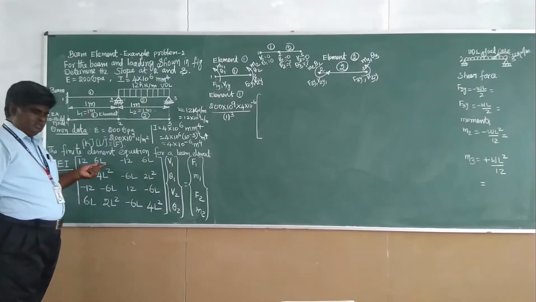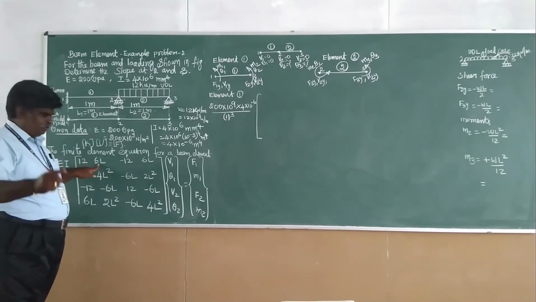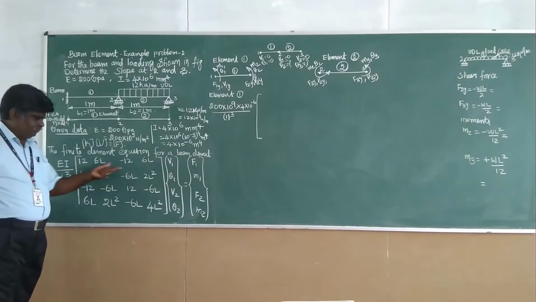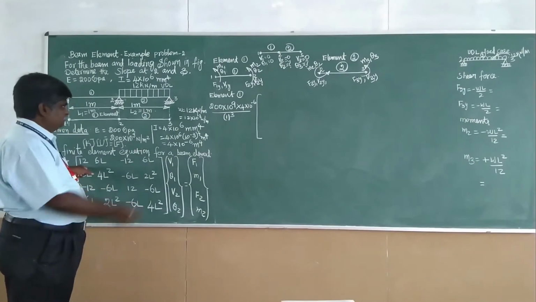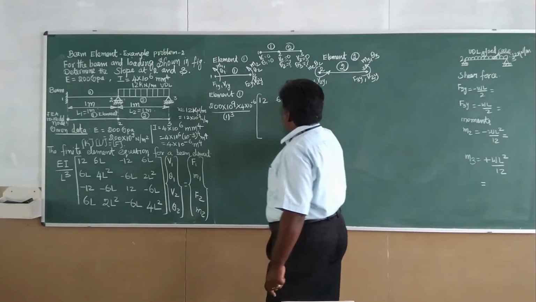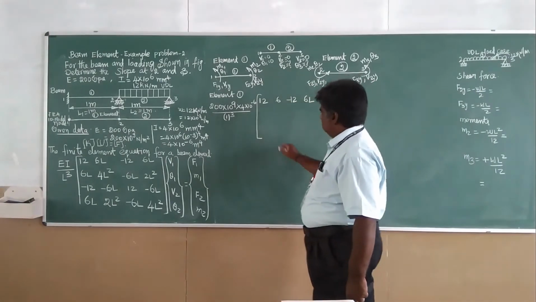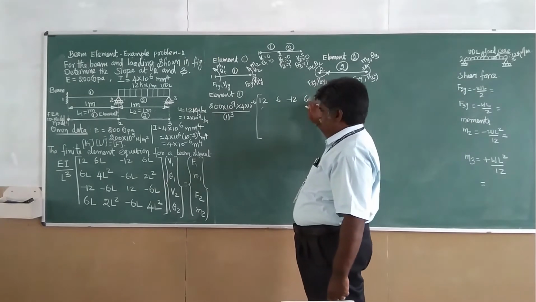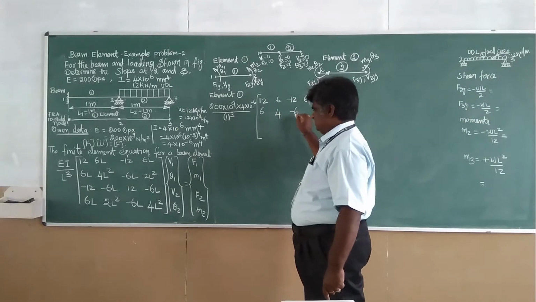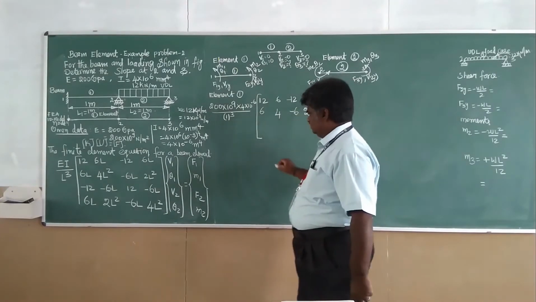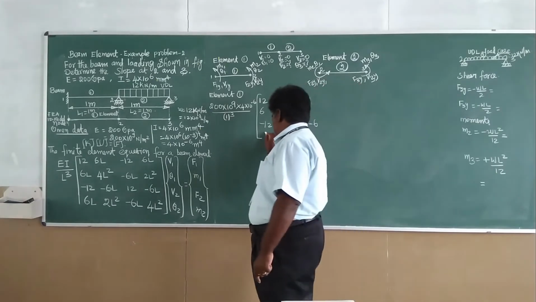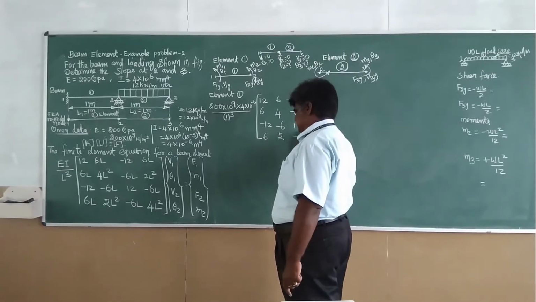So we substitute L inside the stiffness matrix: 12, 6 into 1 is 6, minus 12, 6; then writing the constant values in the matrix: 6, 4, minus 6, 2; minus 12, minus 6, 12, minus 6; 6, 2, minus 6, 4.